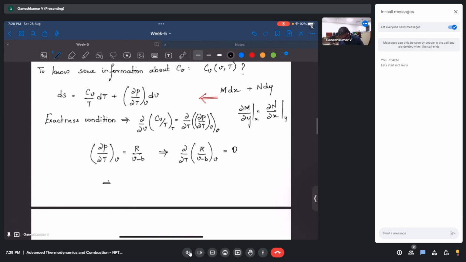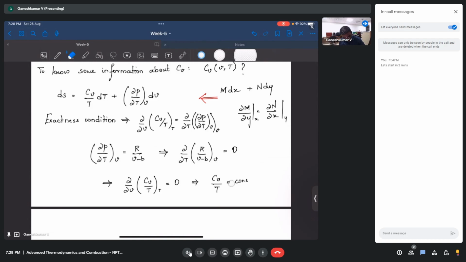So if that is the case, then dou by dou V of Cv by T at constant temperature is simply 0, which means Cv by T is not a function of volume.